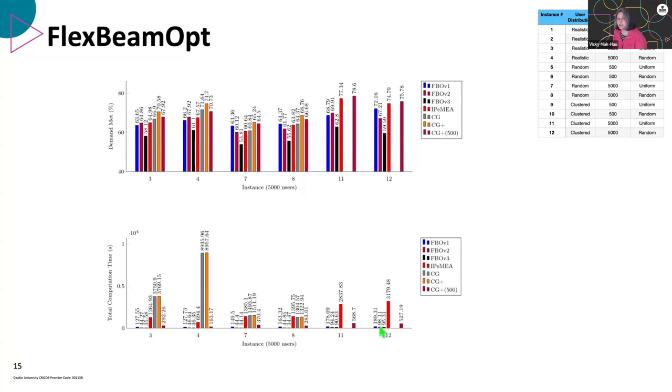So if we need frequent, rapid optimization, FBO3 is probably a good idea. But if you have loads of time, then you can just implement CG plus 500 or linear. These are two of the better algorithms in the second lot of the algorithms that we tested.